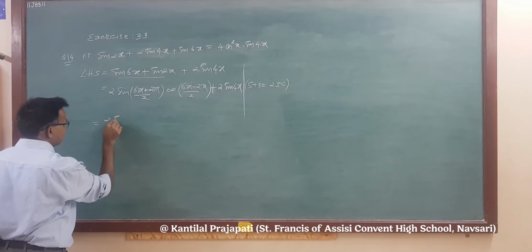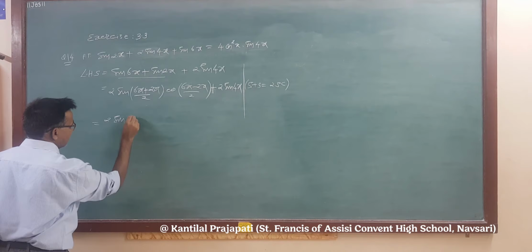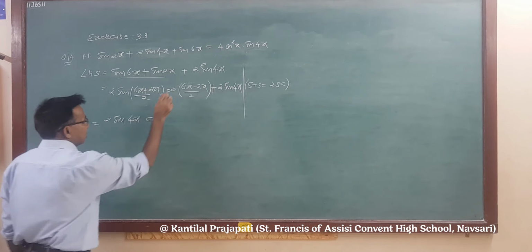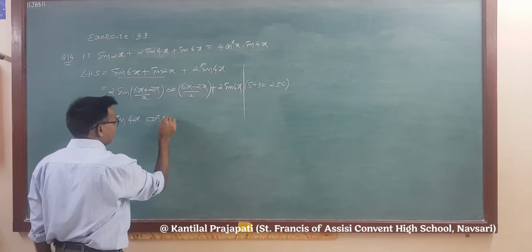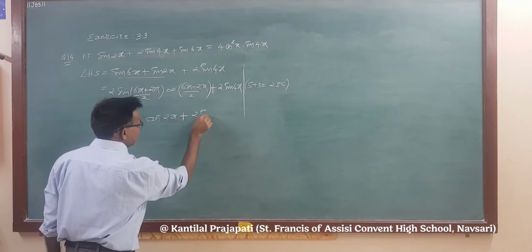Now simplify this. 2 sin of 6 plus 2, 8 by 2, that is 4x, into cos of 6 minus 2, 4 by 2, that is 2x, plus 2 sin 4x.